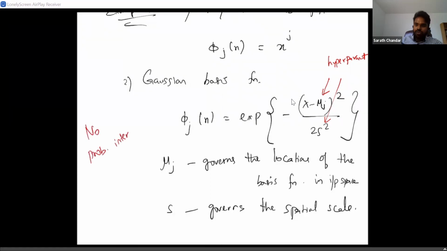It is not the Gaussian probability distribution, and the term s is not a normalization constant. There's no need for a normalization constant here, because in the end we are going to multiply this phi with a w, so we are anyway making it a bigger number or a smaller number by using the w.